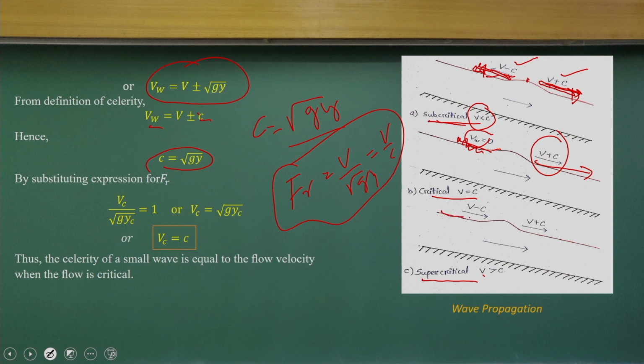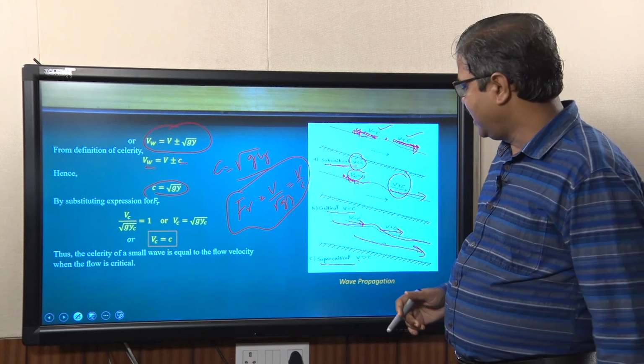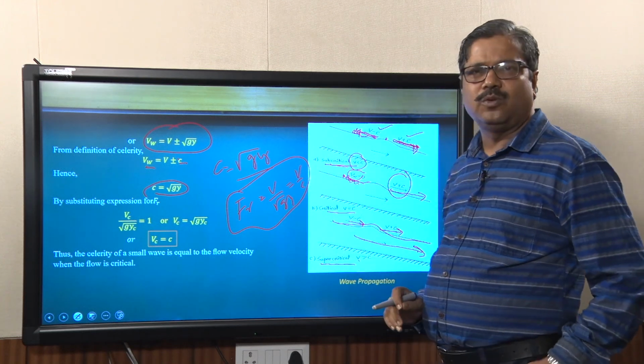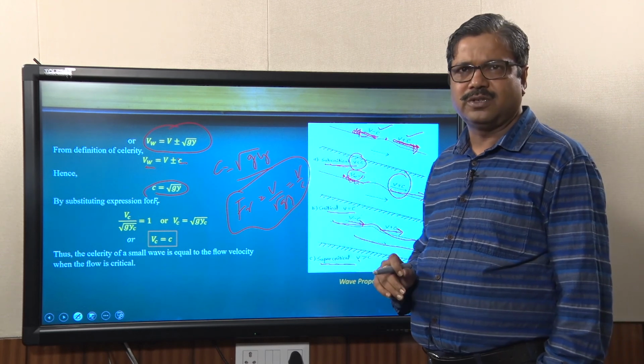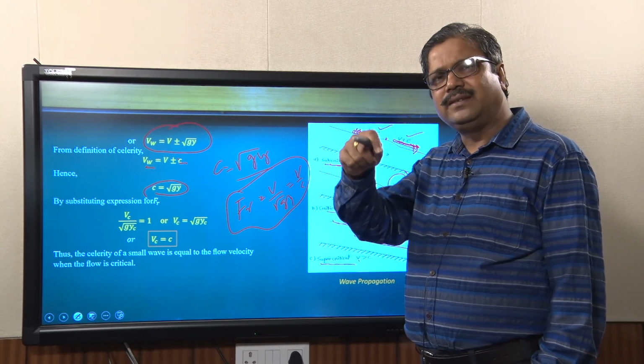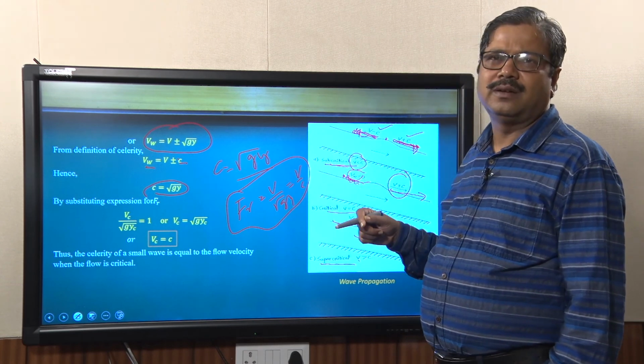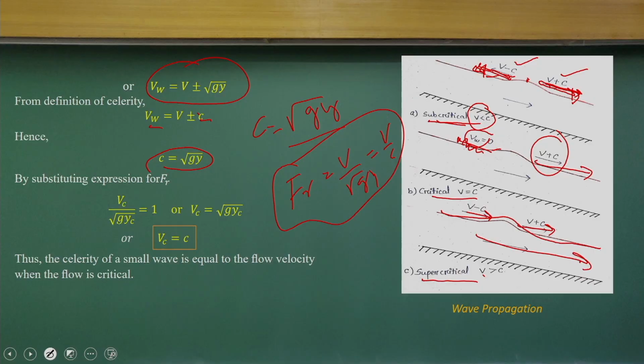That means in supercritical flow, the wave propagations are both directed downstream. Whatever disturbance you create, it propagates downstream. From the flow point of view, when you have supercritical flow, it is upstream controlled, because anything you do at the upstream is propagated to the downstream. So supercritical flow we call an upstream control system.